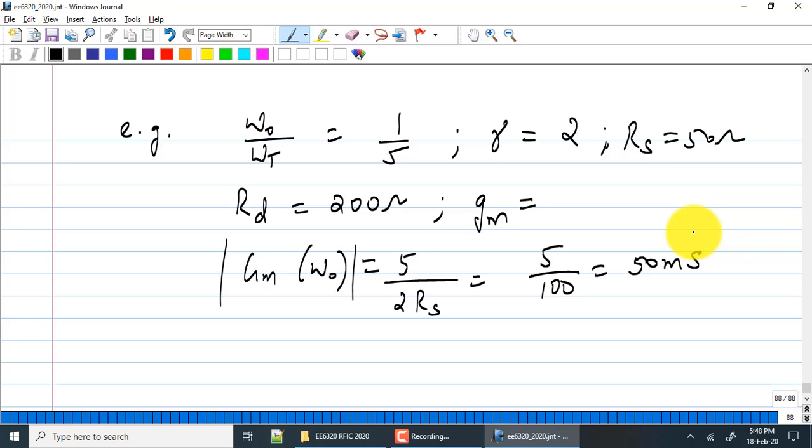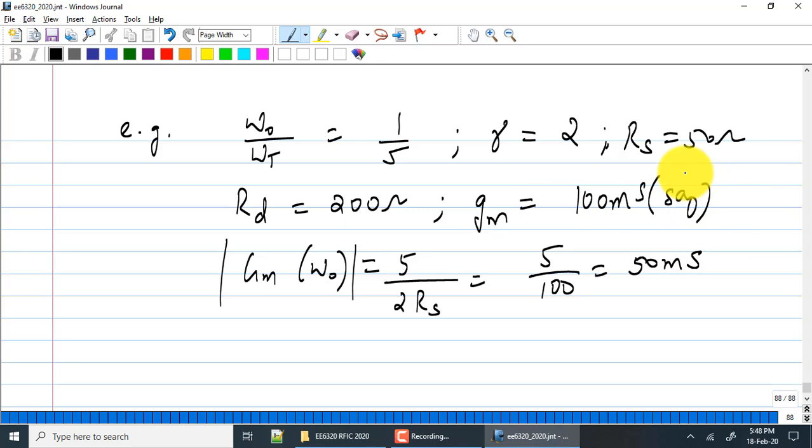So you can now pick a gm and see what kind of noise figure it will give. The larger the small gm you pick, of course the larger will be the noise figure. You can pick some large number, let us say 100 millisiemens.